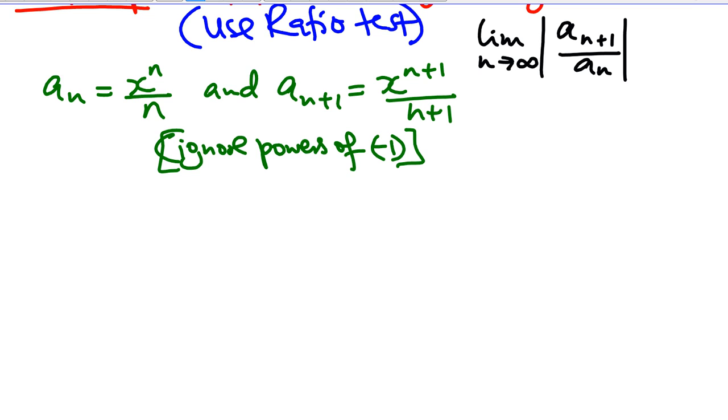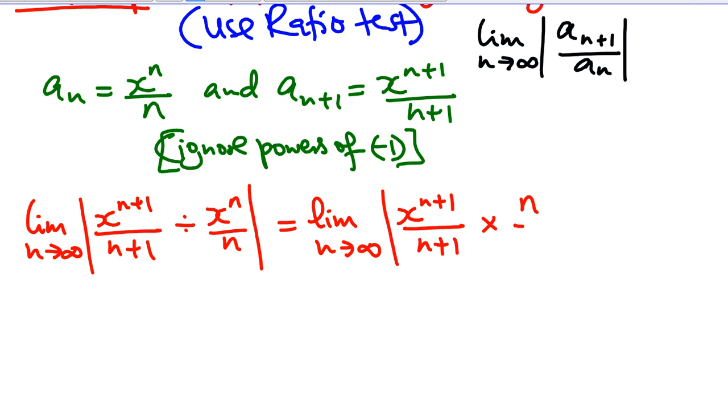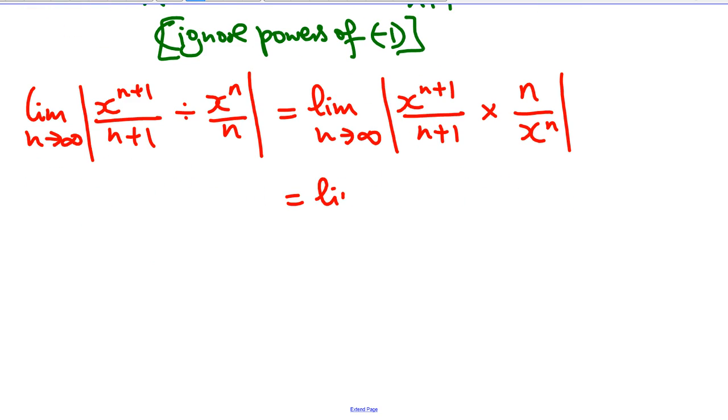So the limit as n approaches infinity of the absolute value of x to the power n plus 1 over n plus 1 divided by x to the power n over n, which is equal to the limit as n approaches infinity of the absolute value of x to the power n plus 1 over n plus 1 multiplied by n over x to the power n, which will be equal to the limit of the absolute value of, now this simplifies to x multiplied by n over n plus 1.